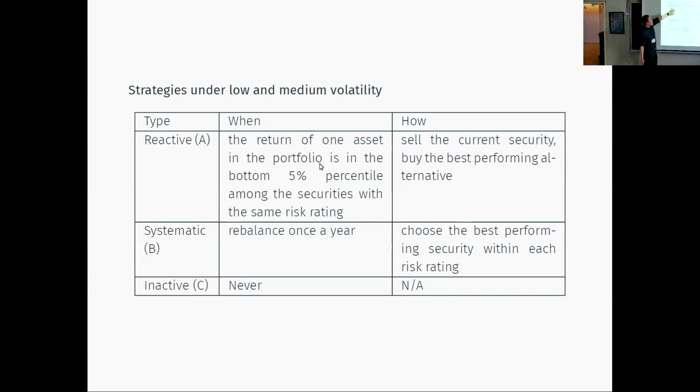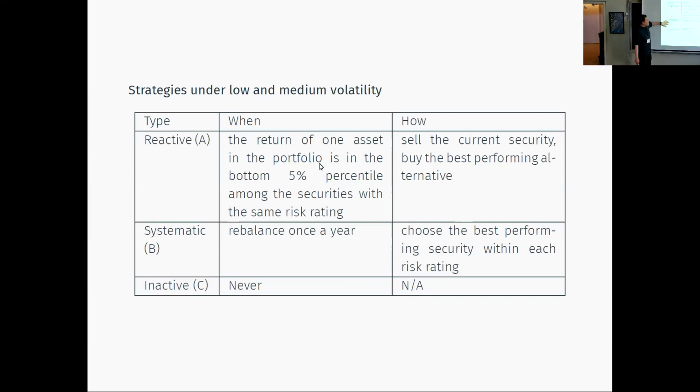I assume some clients are reactive to market movements. They look at their phone all the time, and if their security is underperforming compared to other securities, they would immediately sell it and buy the best performing ones. The trading time of this type of client depends on market movements, on the path of the index.